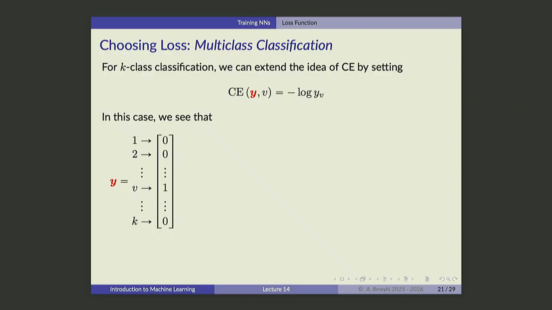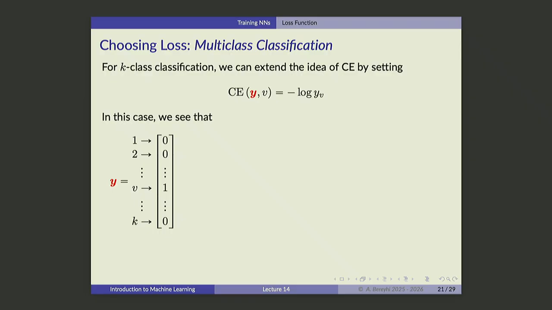Everybody's cool? Now, what you want inside Y is for everybody else to be pretty much 0, and only the element at location V to be 1. If that happens, what would be the cross entropy?